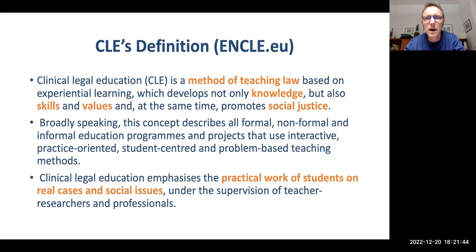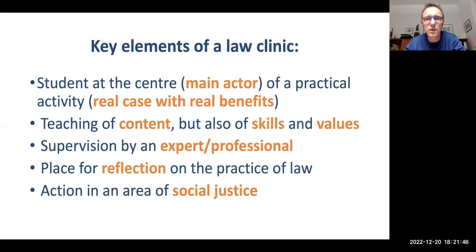So the key elements of such a law clinic are, first, that students are the main actors. They are doing basically the work, working on real cases and with real beneficiaries. It's teaching that focuses not only on the content of law, but also on skills and values.